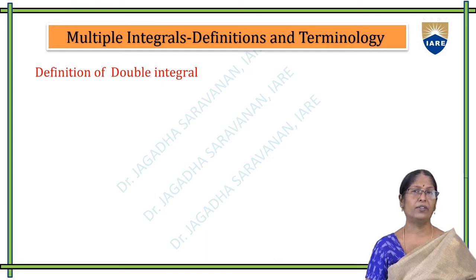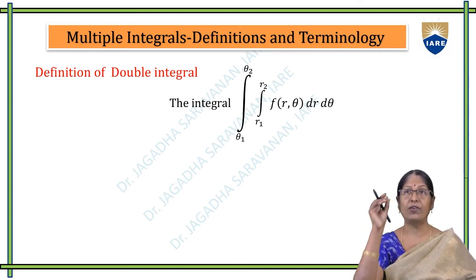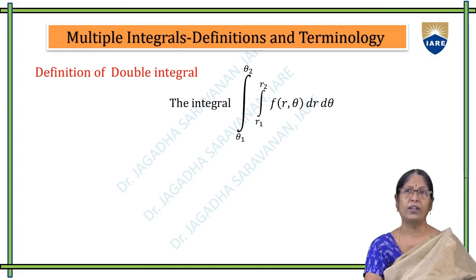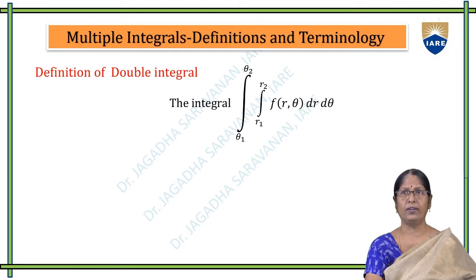Next, again the definition of double integral. So far we discussed the definition of double integral in Cartesian form, that is, in two dimensions, the xy plane. But instead of the coordinate system x and y, we are moving to the system of radius and angle.